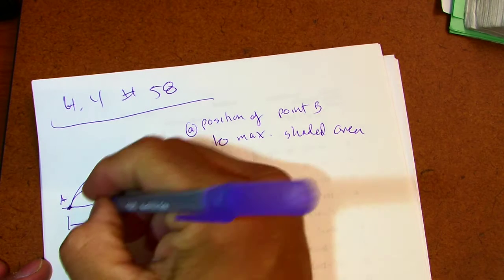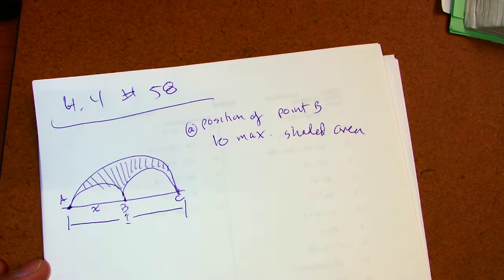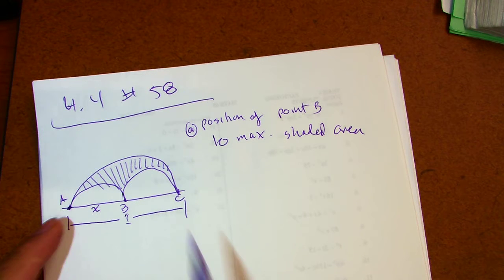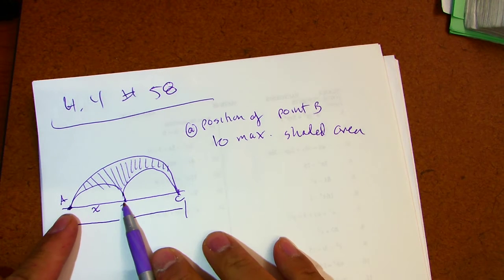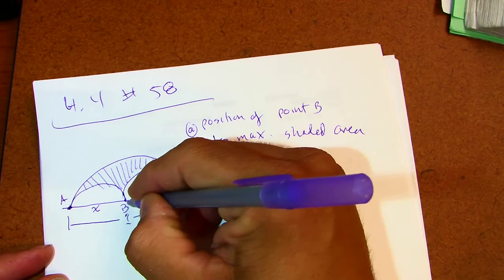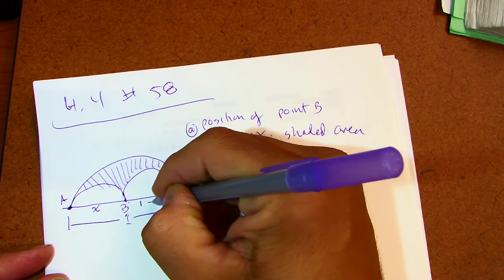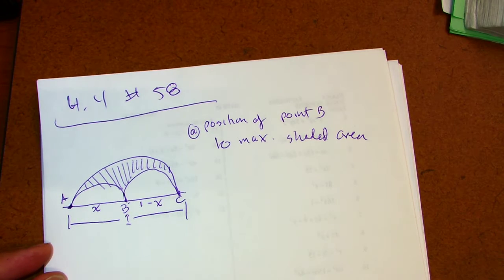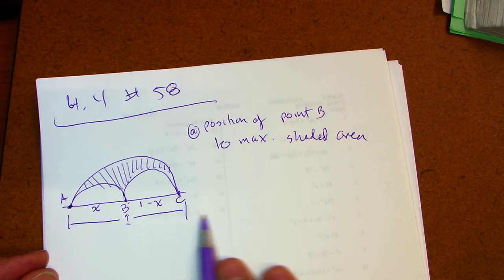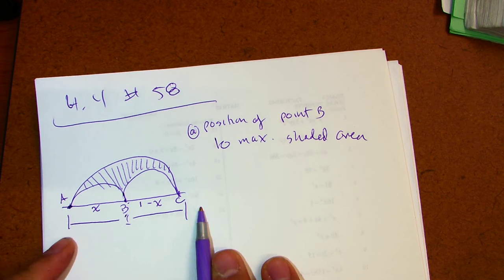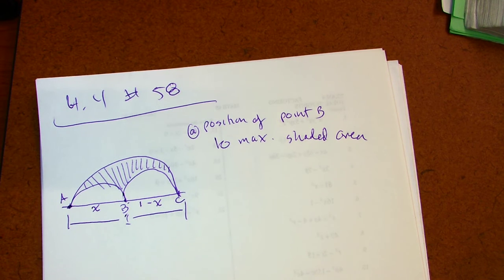Let's say I call this x, the diameter of this smaller circle here. If I do that, the diameter from here to here would be 1 minus x, since everything has to add up to 1. So when I add both of those, it should be equal to 1.